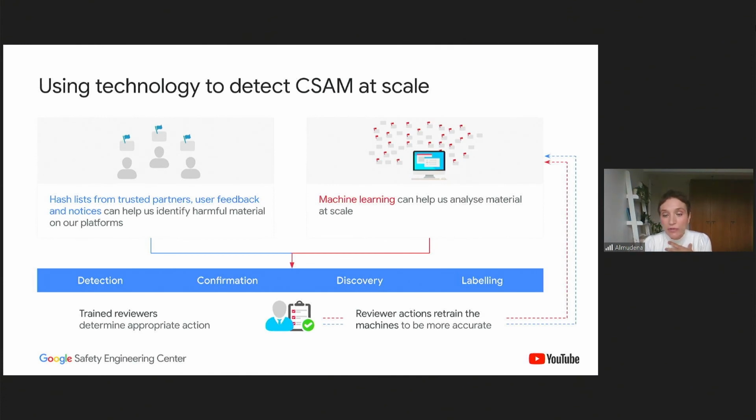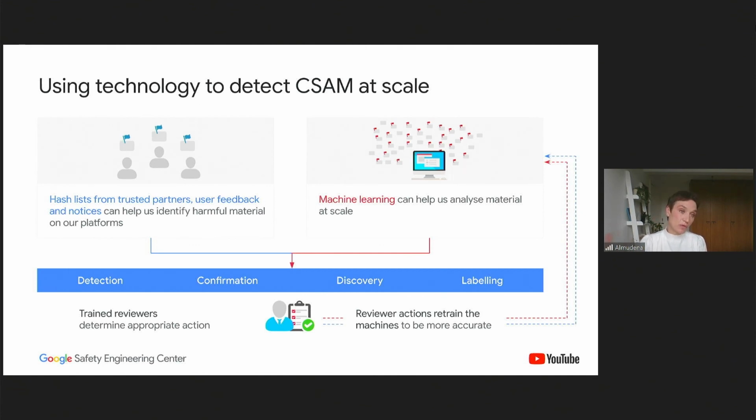And to finish off, I'm just going to show you how I talked about collaboration being key to the work that Google does, and we collaborate by sharing our technology. So we have Content Safety API, which is our machine learning classifier that I described. We make that available to other organizations.